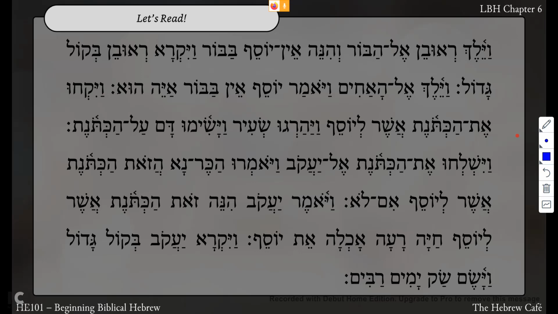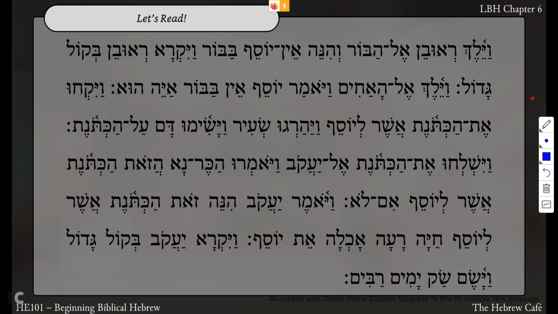But anyway, sorry to go on a kind of excursus on that. It's not really very important. But anyway, so we've got vayikechu et haktonet asher leyosef.